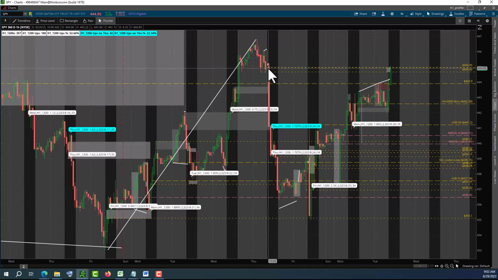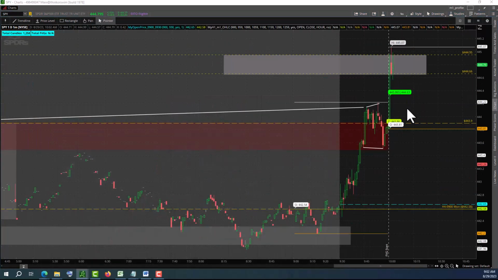So now it retests that order block right there. You can short it because it's a retest. But if the short fails, then you can go in and do the long. Right? Let's see.